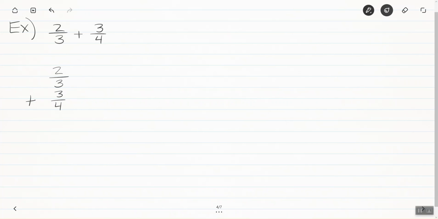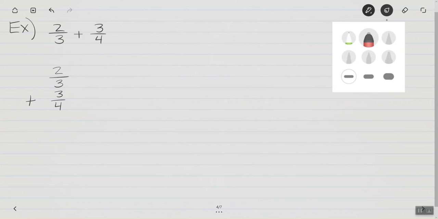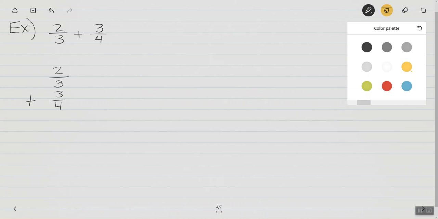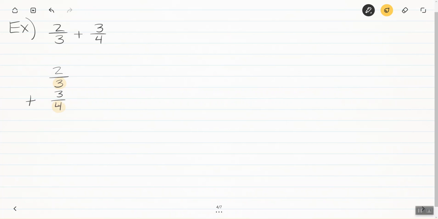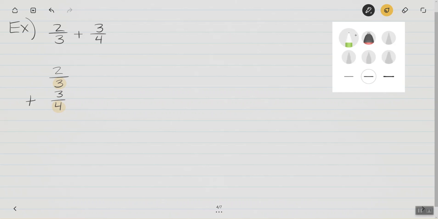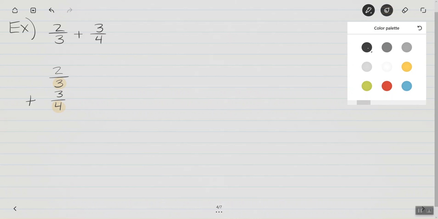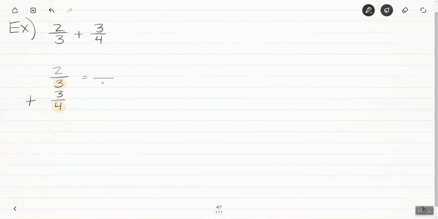So my denominators are 3 and 4. So if I look at those denominators and I look at my multiplication chart, I can look across the 3 row and the 4 row together. I'm looking for a number that shows up in both the 3 row and the 4 row of the multiplication chart. And the smallest number that shows up in both the 3 row and the 4 row would be the denominator of 12.